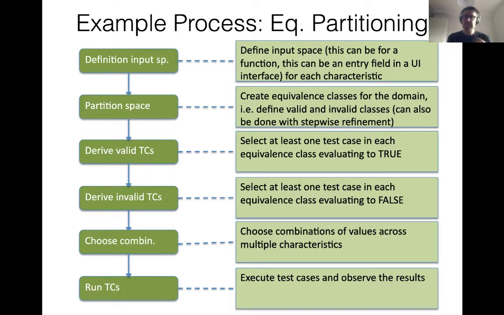Then the second step in equivalence partitioning, so partitioning into equivalent classes with equivalent behavior. Then we start by looking at the rough classes, which are valid and invalid classes, right? So this is a basic delimitation.